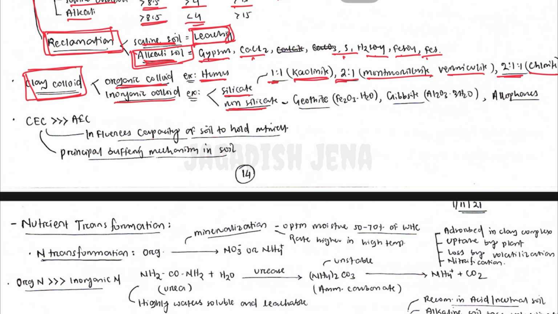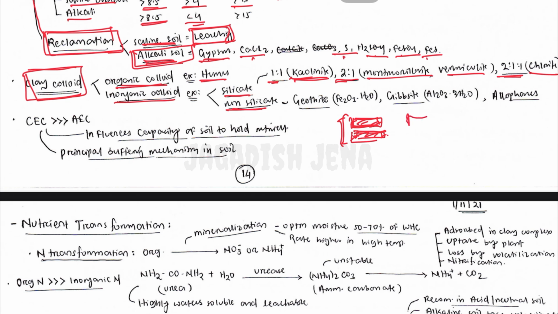Silicate clay minerals are composed of two types of layers or sheets: one is the silicon tetrahedral layer and the other is the aluminum octahedral layer. In soil science we will cover this in detail. When one silicate layer is attached with one aluminum octahedral layer, that is called a 1:1 clay mineral, that is kaolinite.